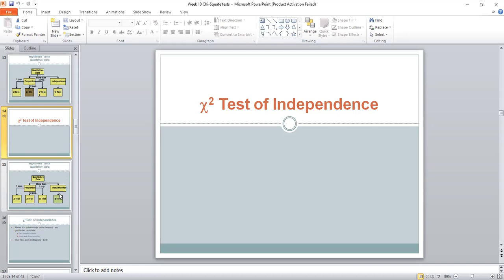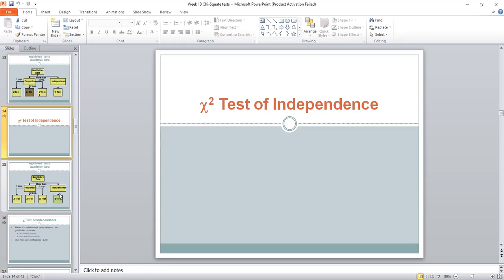There are standard ways of writing the hypothesis here. If you're not a business student, chi-square hypotheses are written in terms of probability. But we avoid probability to write those hypotheses in business statistics. So under chi-square, you state your hypothesis in words.